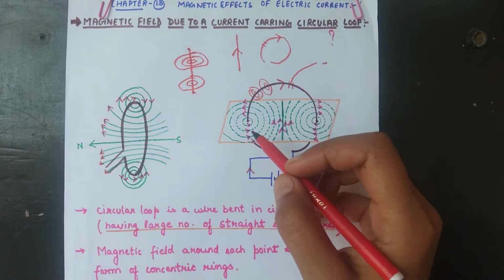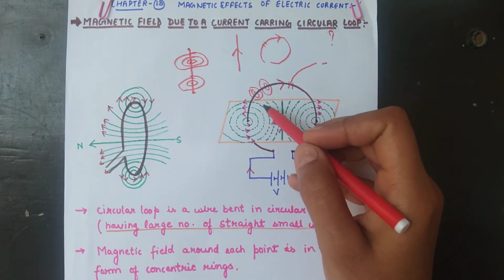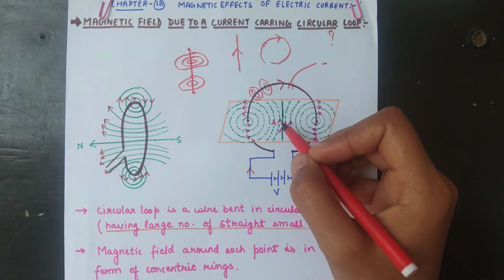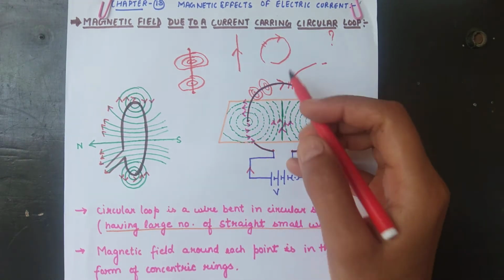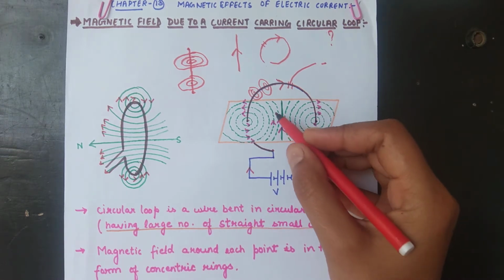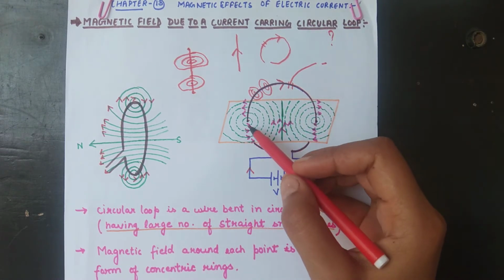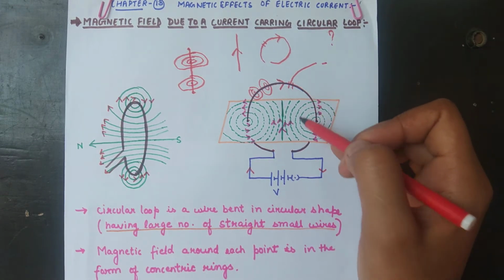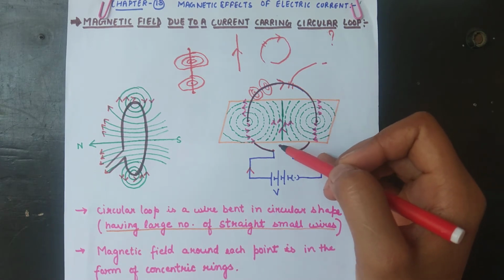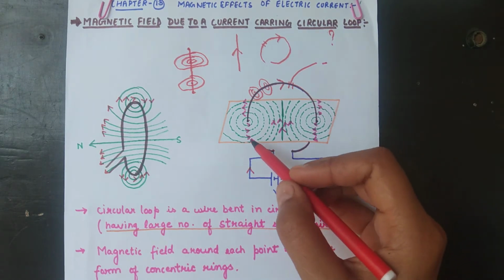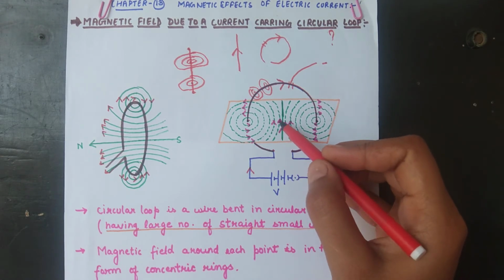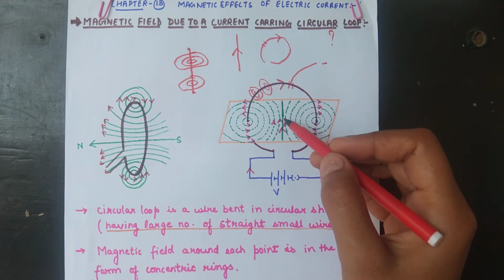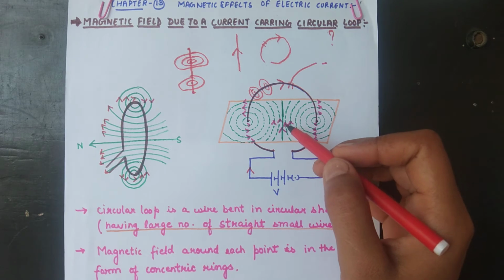Now the next thing is that at every point the magnetic field is present in the form of concentric circles, and at the center of the ring the magnetic field is present in the form of a straight line, because here also we get concentric circles, and here also. So the effect of all the points is that at the middle all the magnetic field lines are concentrated and give a magnetic field in the form of a straight line, uniform.